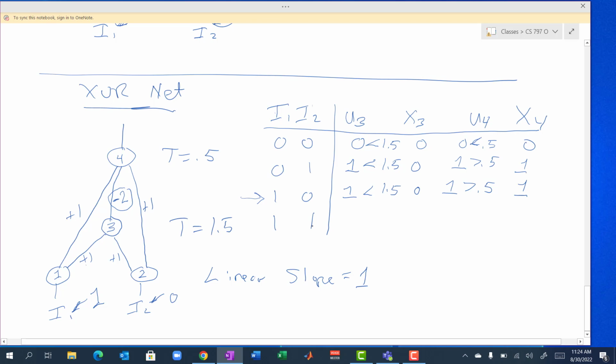Let's put in the 1, 1. Do neuron number 3. We have 1 times 1 plus 1 times 1 is 2, and that's bigger than the threshold. And so now, for this input, X3 fires. And now let's add up the net input for neuron 4. We have 1 times 1 plus 1 times 1 is 2, plus neuron 3 is putting out a 1, so we have a minus 2.